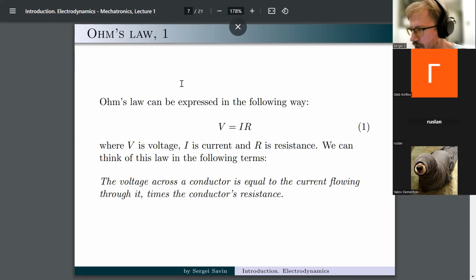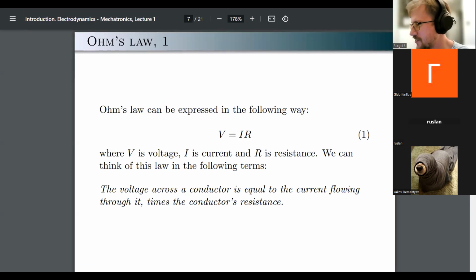So first, let us remember the very basics of electrodynamics. When I say electrodynamics, I'm talking about electricity in terms of currents and voltages. You can talk about electrostatics, when you have a charge that produces an electric field, with various interesting properties there.